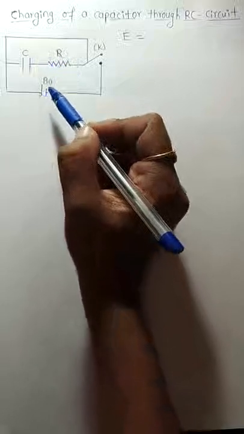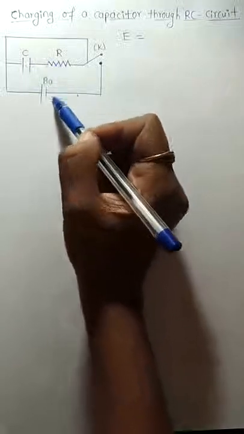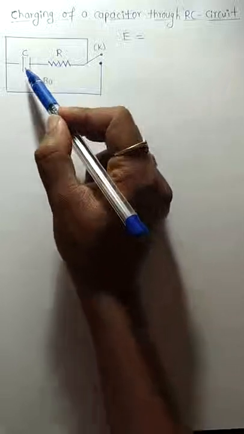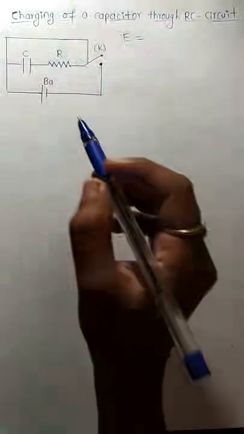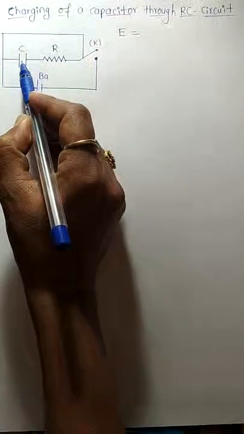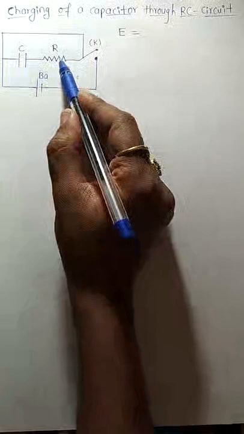Understanding? So whenever components are connected in series, whatever the total voltage is, it will be distributed among these two series components. So can I say the voltage across the capacitor is E1 and the voltage across the resistor is E2, I will write.